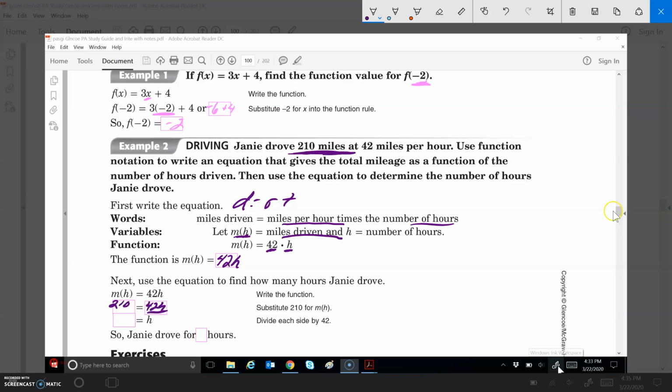To solve this, we're going to divide by 42. 210 divided by 42 looks like we got 5. 5 times 2 is 10. 5 times 4 is 20, plus 1, 21. All right, so Janie drove for 5 hours.